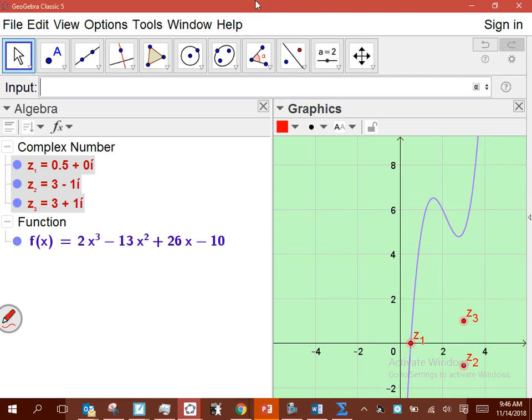Look what it puts back to me. 1/2 plus 0i, that's just 1/2, right? 3 minus i, 3 plus i, is that what we started with? Yeah, okay. Now you see down there on the graph as well that they actually graph those points D1, D2, and D3. What they're doing here is kind of strange, I think.